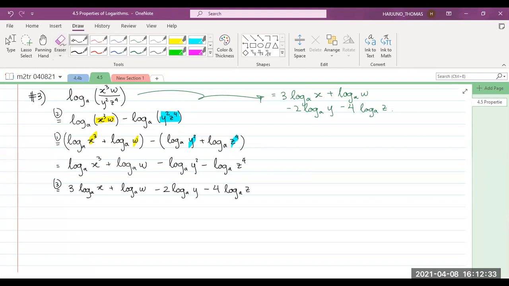Now for this log later on, try to internalize it such that you can do it, and the explanation comes later. For example, number 7: natural log of the 4th root of x to the 7th over y to the 5th times z.